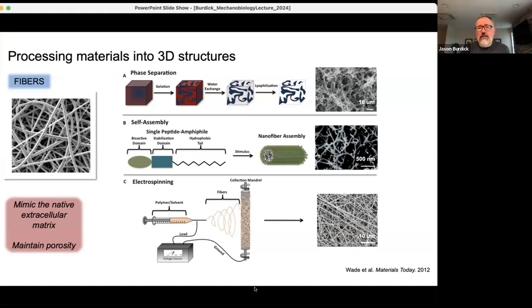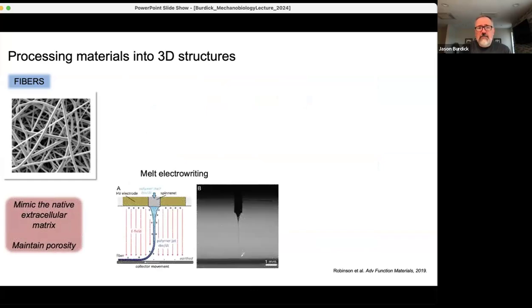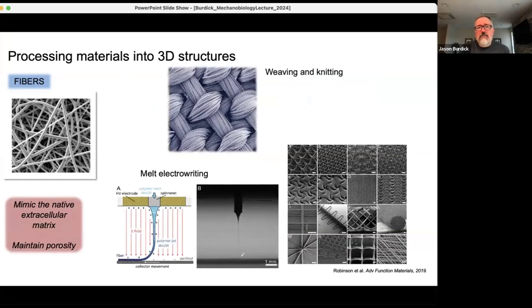This, again, is used a lot in 3D printing. Just looking at some of the structures and ways to make them. There's also techniques like melt electrowriting. It combines 3D printing with electrospinning because you use an electric field to define the extrusion of a melt polymer. And then the electric field helps you define it into these really precise structures.